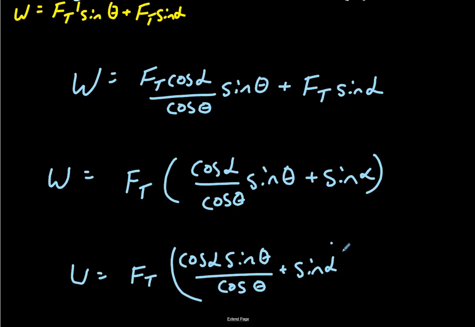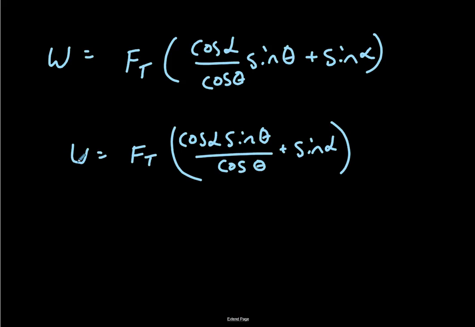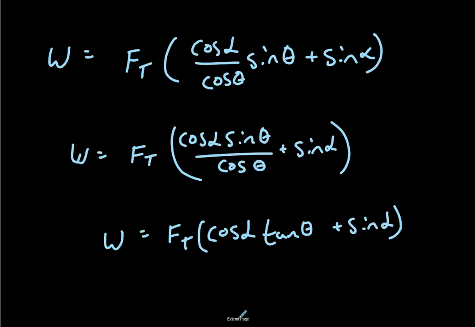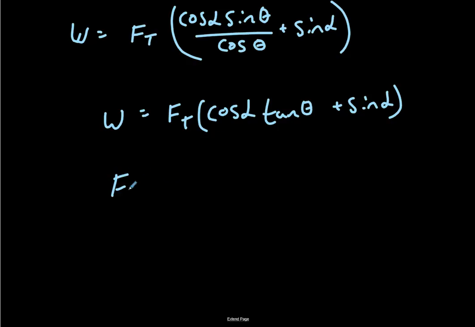So one other thing we can do to help compress this is we know that sine theta over cos theta is the same as tangent of theta. So you could then do this, and then you can rearrange and solve for Ft. Ft should be equal to W over cos alpha tan theta plus sine alpha.